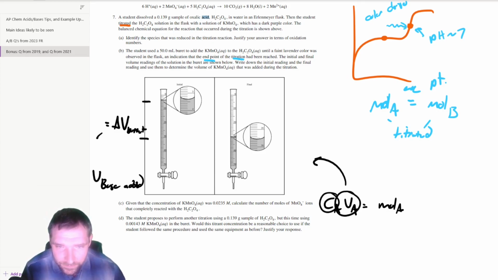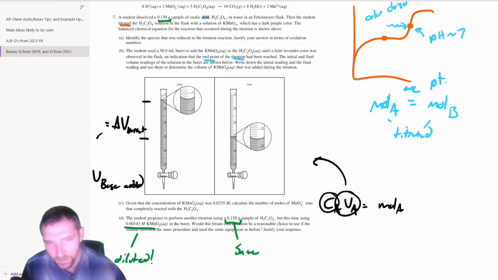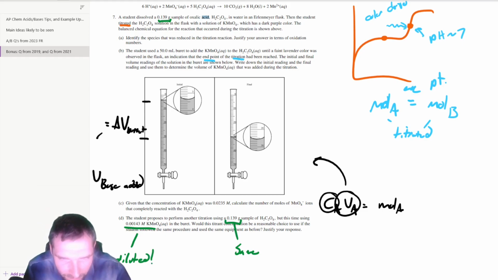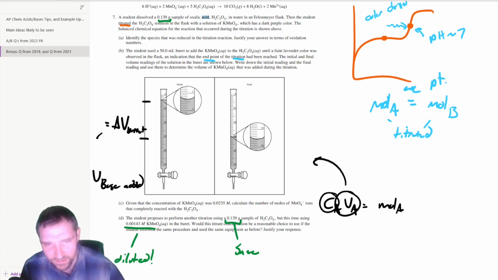And what's important to note here is that they're asking, what if I've changed this concentration here? So we're using the same amount of stuff. This is the same, and this right here is a lot more dilute. It looks like it is 10 times or maybe 20 times more dilute.